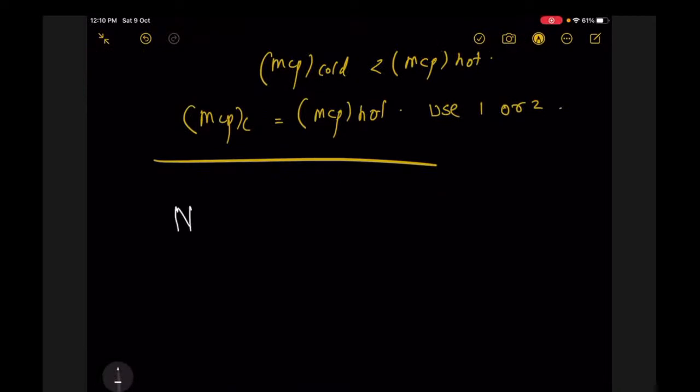So what is the NTU formula? MCP minimum.